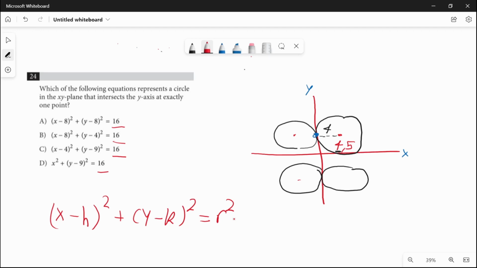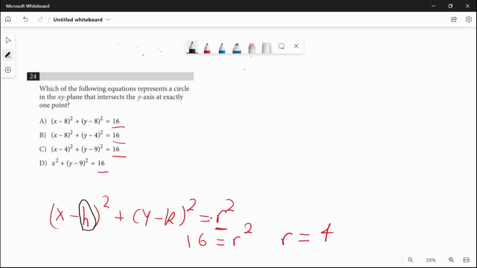So the radius is equal to 4. Now we are looking for an h value that's the same as the radius value, as I showed you above. So the x value that's same as the radius value is equal to 4. So the value of h is equal to 4 as well.